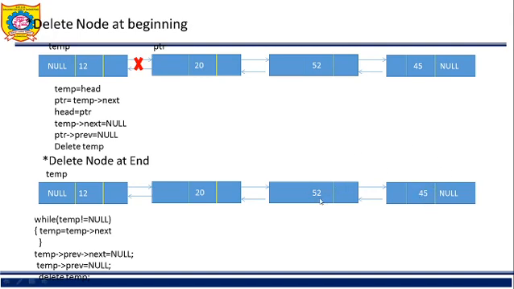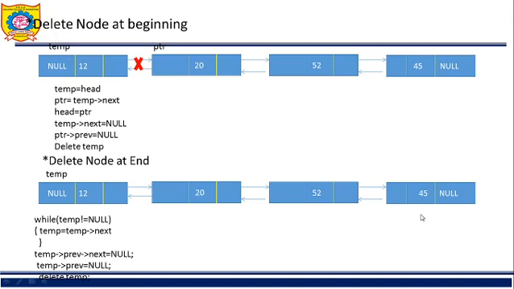Its previous, 52, holds the address of this 45, so 52's next we make null, and this node holds the address of its previous node, that is 52. So temp previous is equal to null, so there is no connection between the previous node and the node to be deleted. Now we can delete this last node.